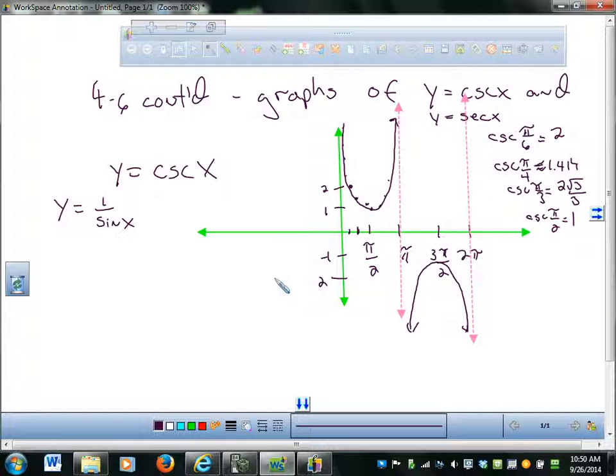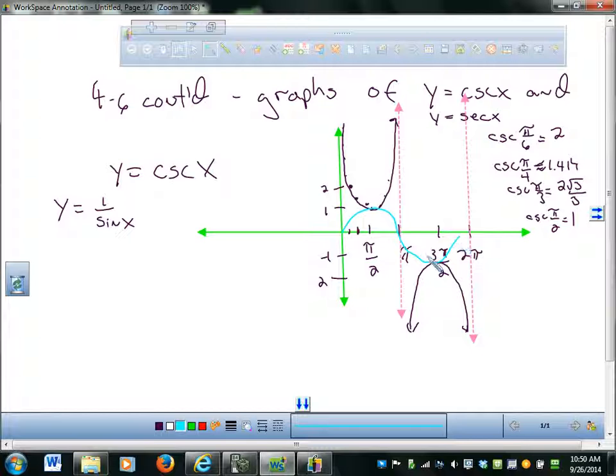Now, an easier way to graph this, which I'm going to show you in a minute, is to actually graph the sine function. So I'm going to change colors to a nice teal, and sine goes up like this, and down like this, and down like this, and up.